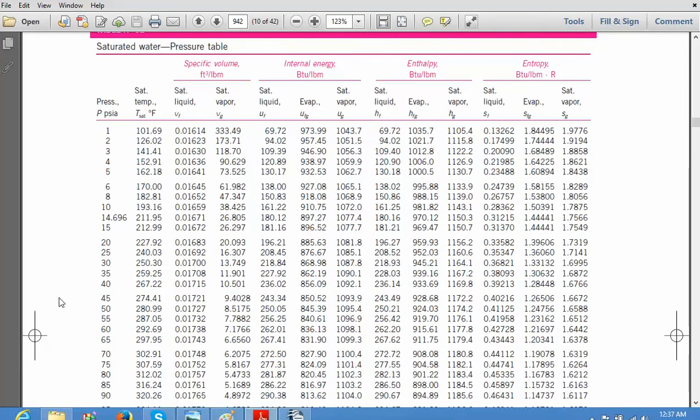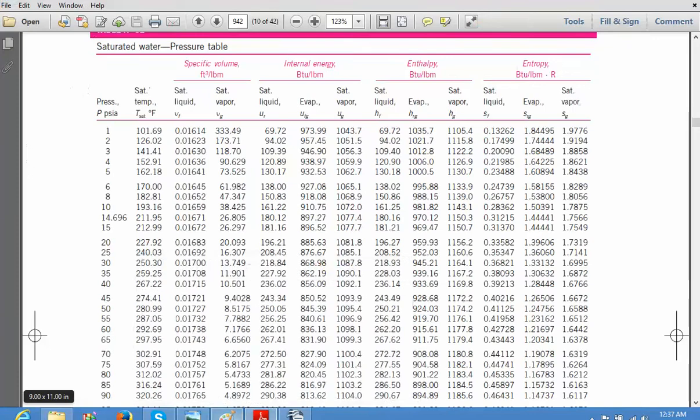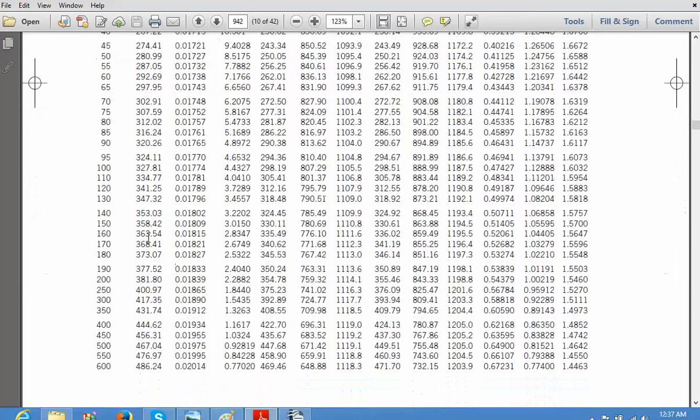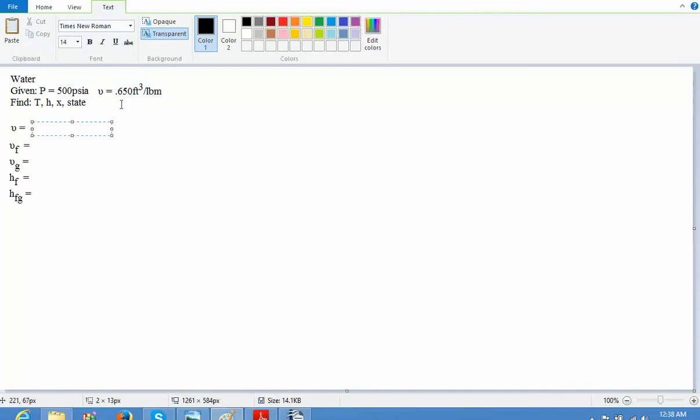Okay, now we're going to look up our pressure. It's 500. The temperature is going to be in the second column here. Whatever temperature that gives us, which is right here, is 467.4 degrees Fahrenheit.